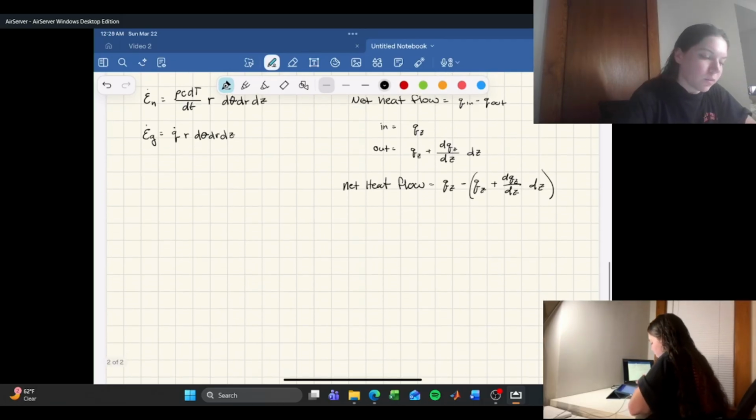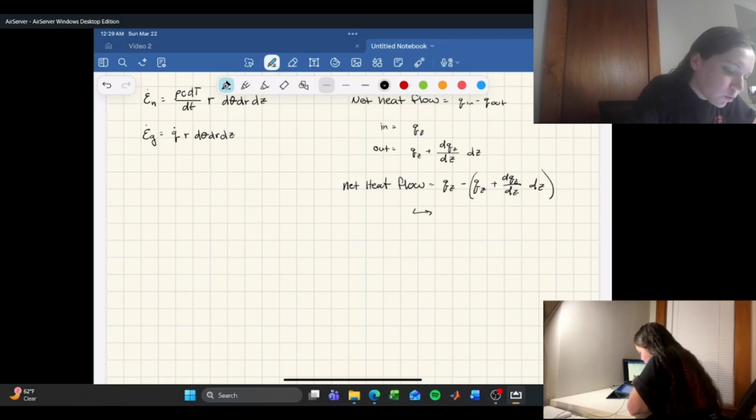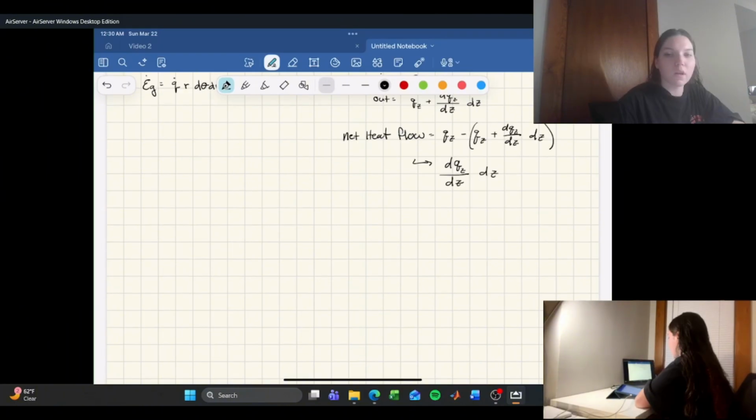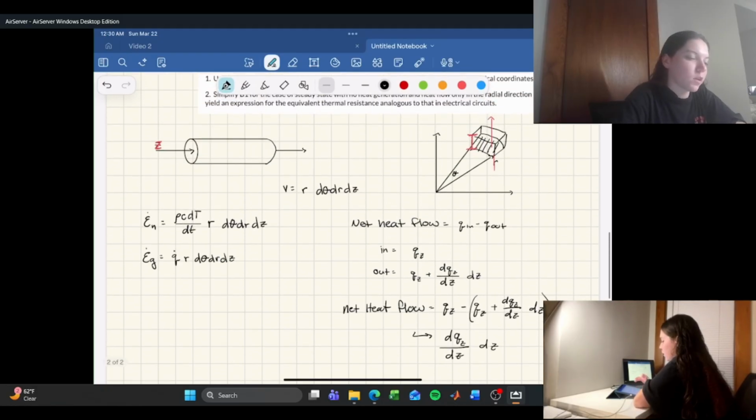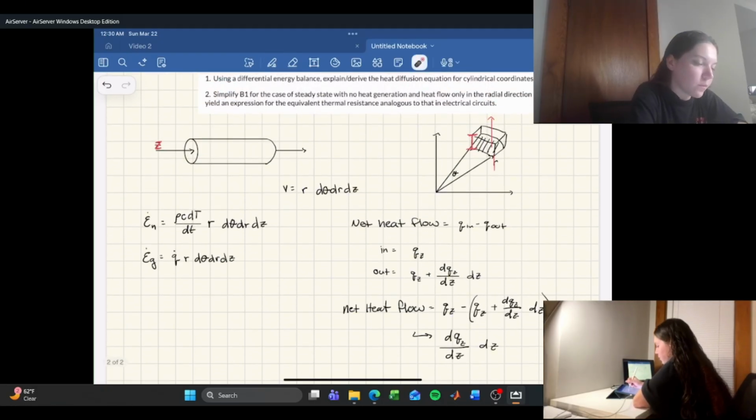And then this will just simplify to the change in heat flow over the change in position times the change in position. And then, like I was saying earlier, this is showing this change in position here along the x-axis.